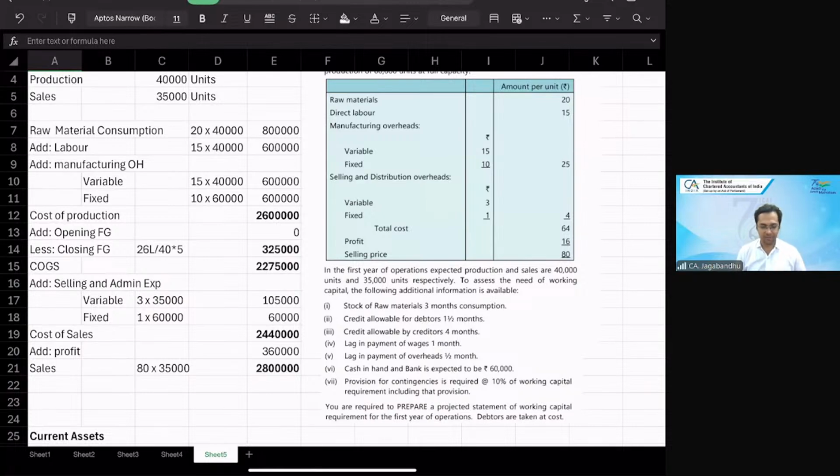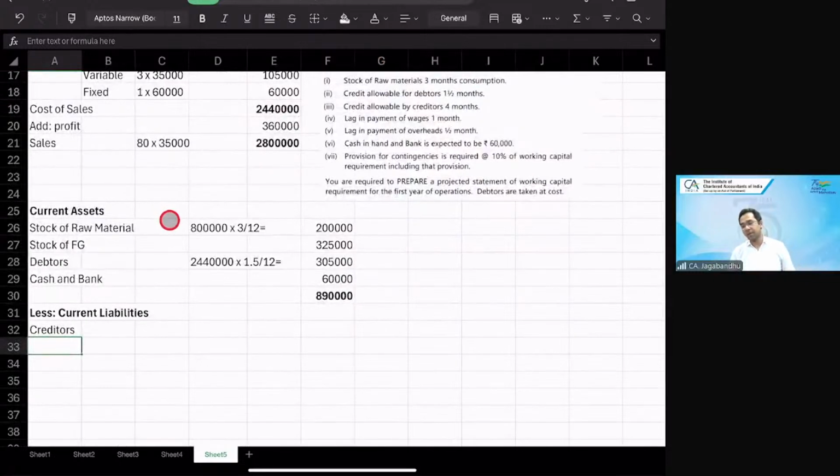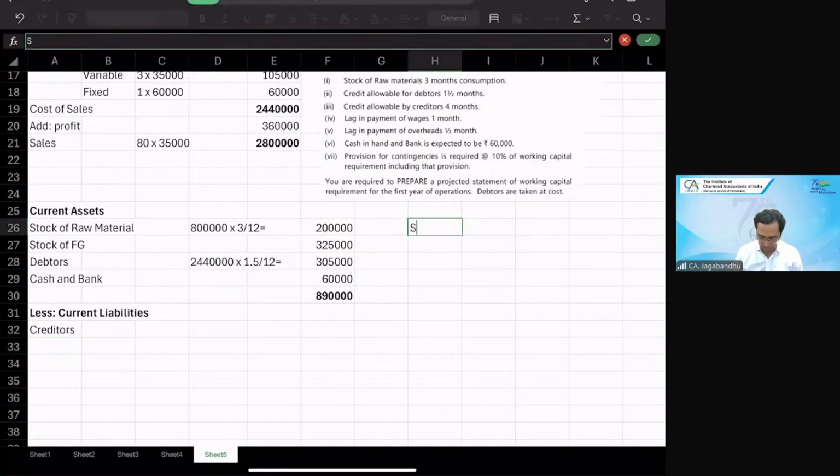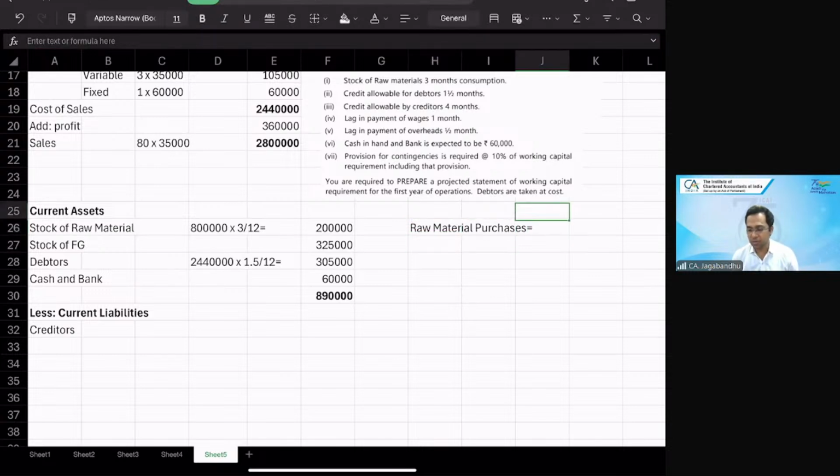No, we can't use that, because this is a new company and obviously we are going to have a closing stock of raw material. This number, stock of raw material, is the closing stock. So we need to compute the raw material purchases.